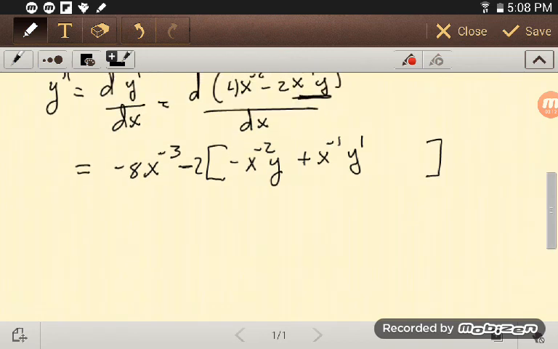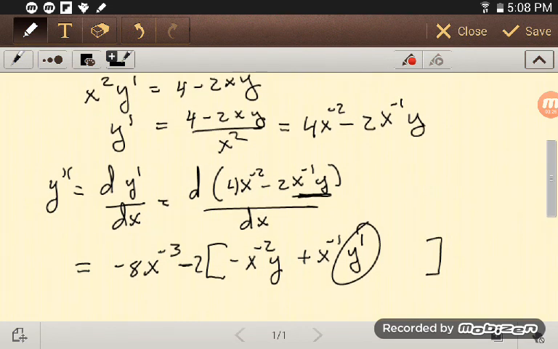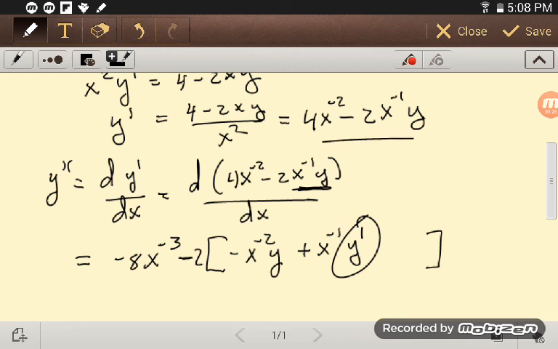And so I use the product rule on that, and so there's my y double prime. Now, I have y prime there, so I can substitute that in. y prime was this thing up here.